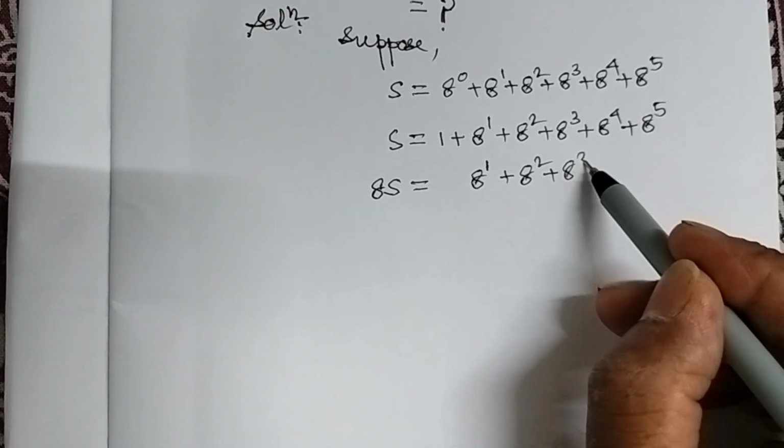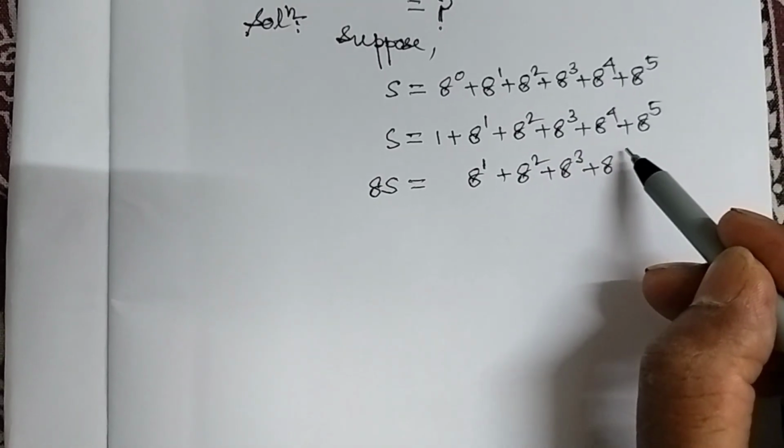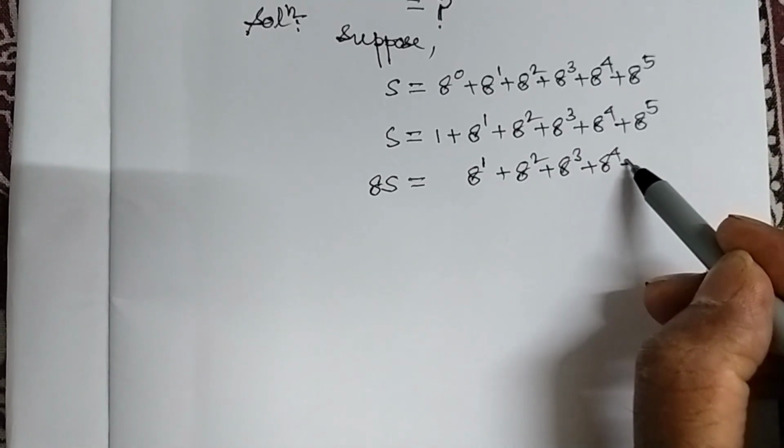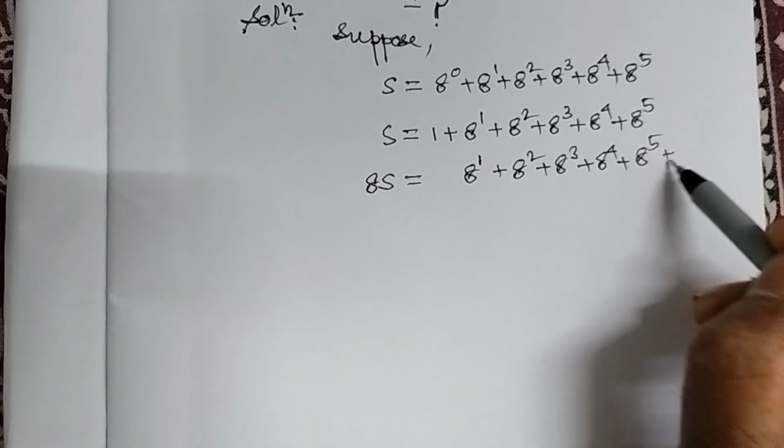In this way, plus 8 cube plus 8 to the power 4 plus 8 to the power 5 plus 8 to the power 6.